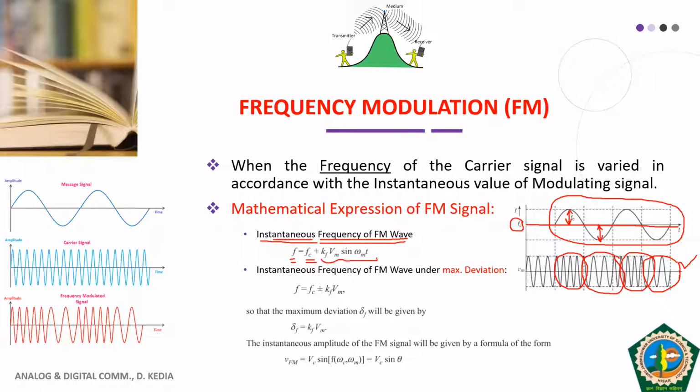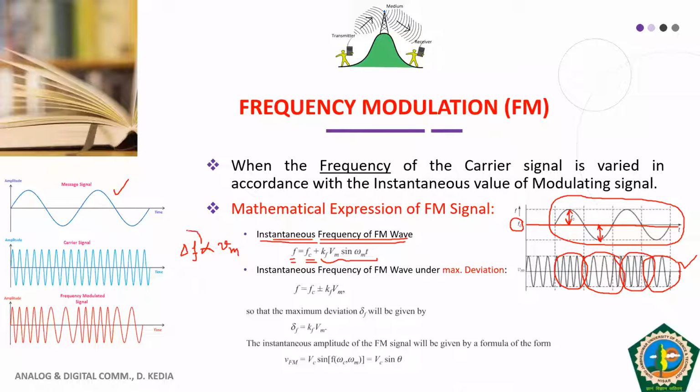This is the change in the carrier frequency. And what is the change in the carrier frequency? Say the change is delta F. So this change in the carrier frequency, delta F, is proportional to what? The modulating signal. And the instantaneous value of the modulating signal is small vm.